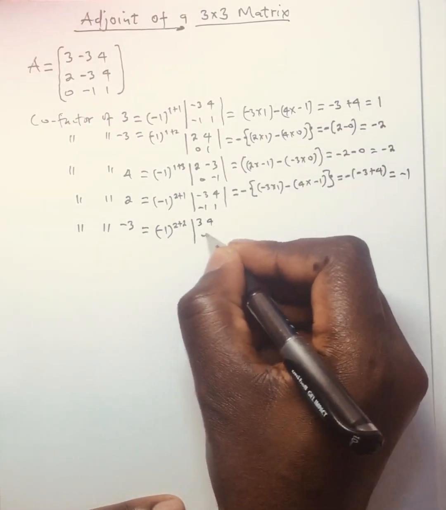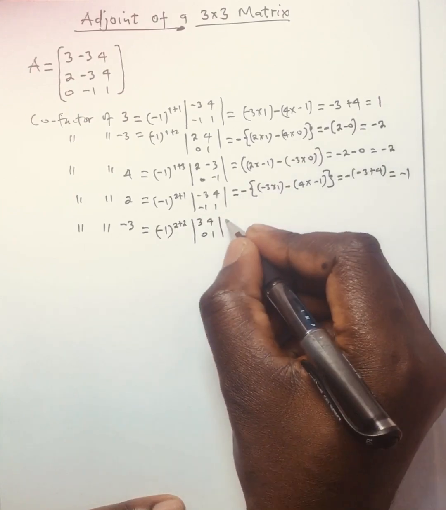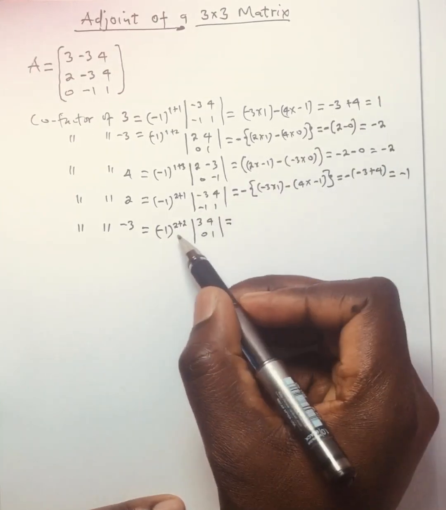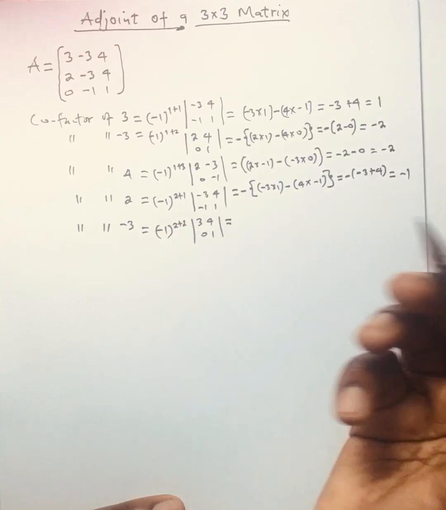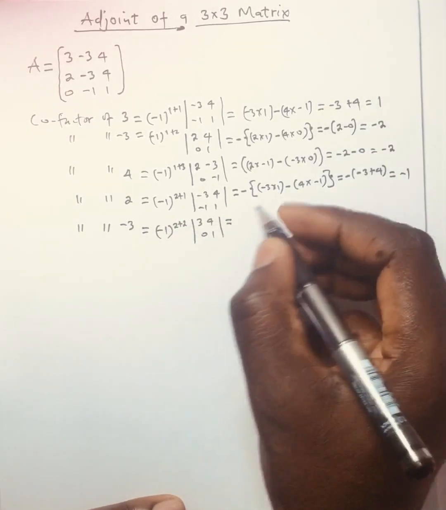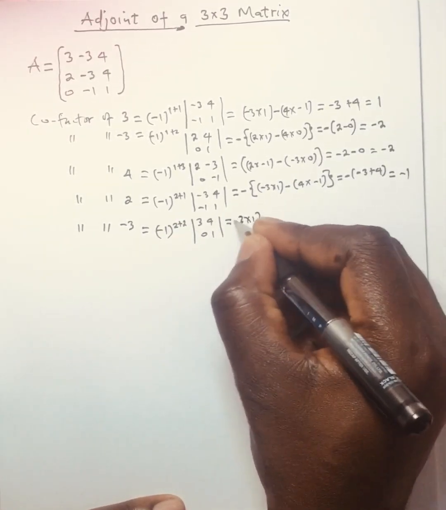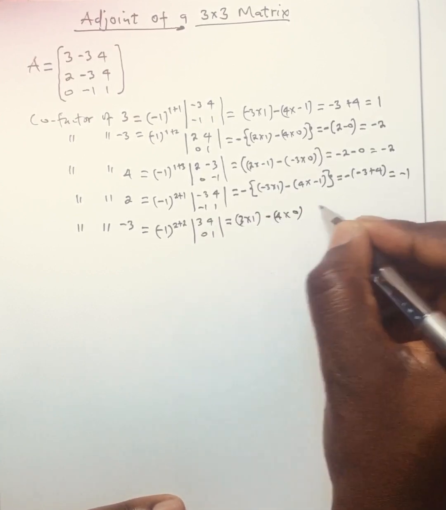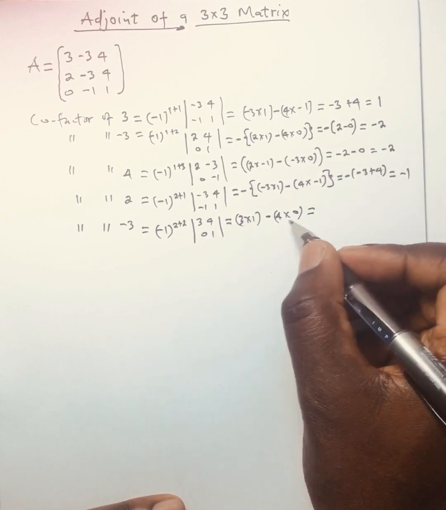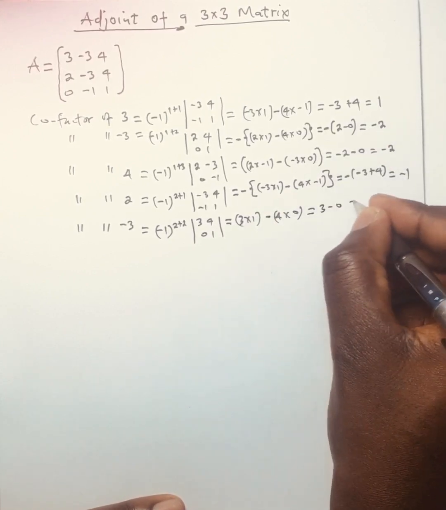Because the power is even, the negative will not hold. So we are left with 3 times 1 minus 4 times 0, which is 3 minus 0, which is just 3.